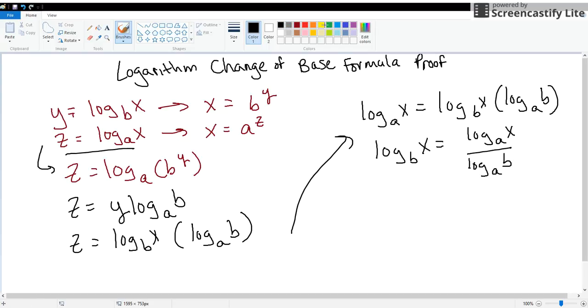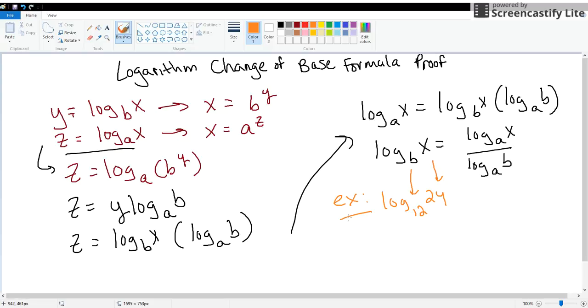Okay, so let's say that I wanted to find out what log base 12 of 24 is. In this instance, my x value would be 24 and my b value would be 12. So all I need to do is pick an a, and usually there are two a's that are used.